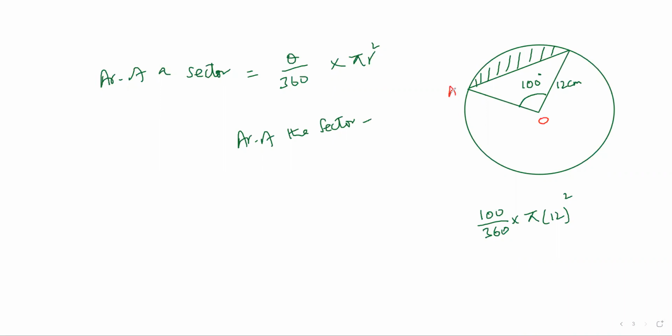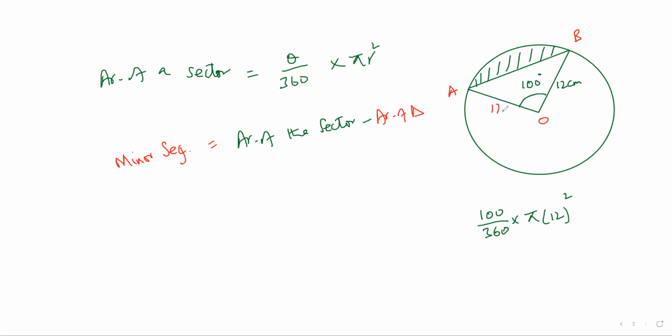Let me name this triangle OAB. Area of sector, and if it is the minor sector, by the way, then this is going to be the minor segment. So the area of the minor segment is going to be area of the sector minus area of the triangle.